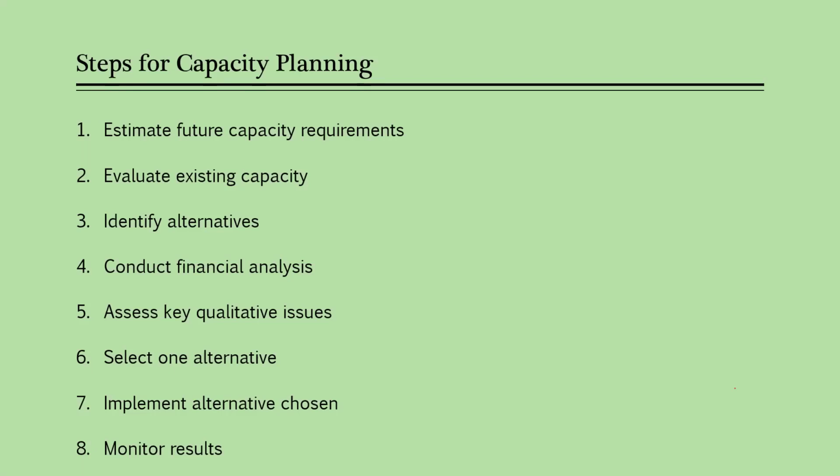Then we are going to assess not only the financial aspects but also the qualitative aspects. By assessing everything, we are going to select one option. Then we implement it, and after implementing, we monitor the results. So these are the steps of strategic capacity planning.